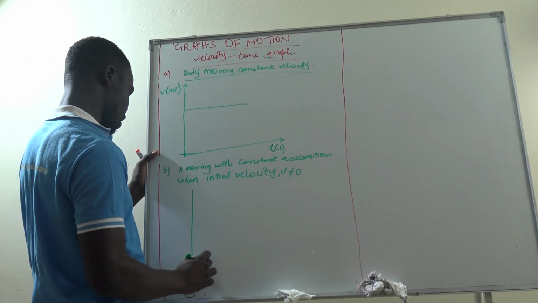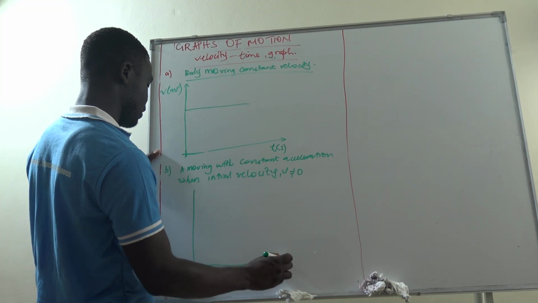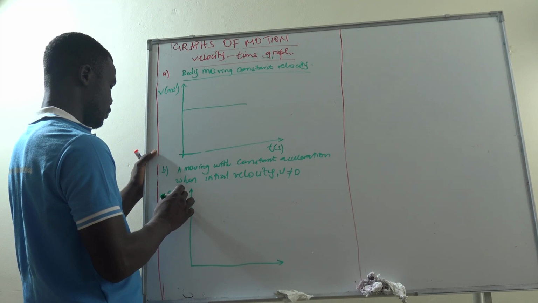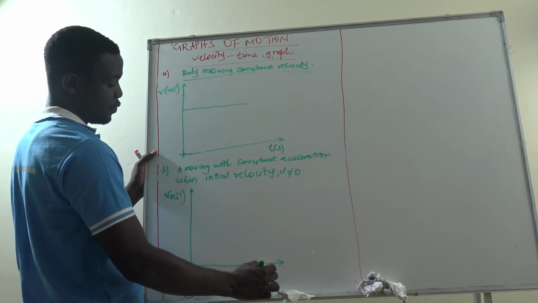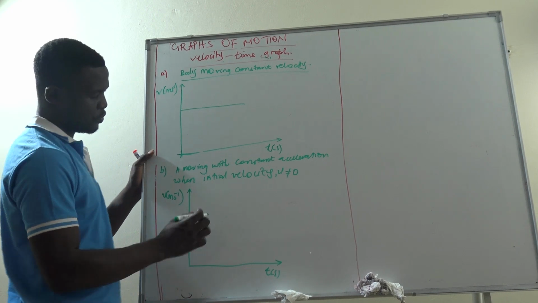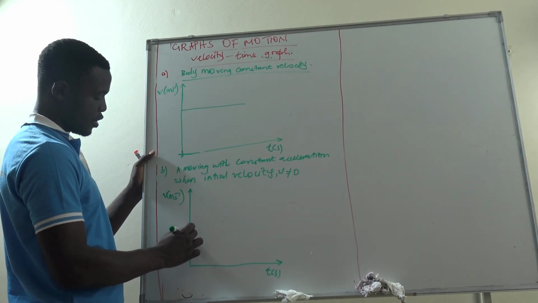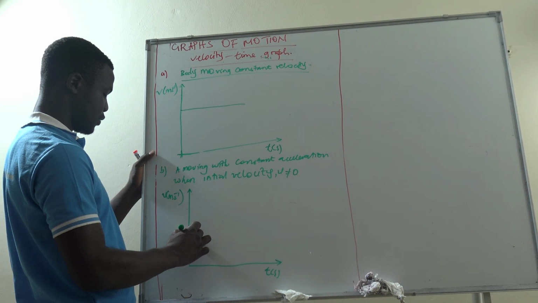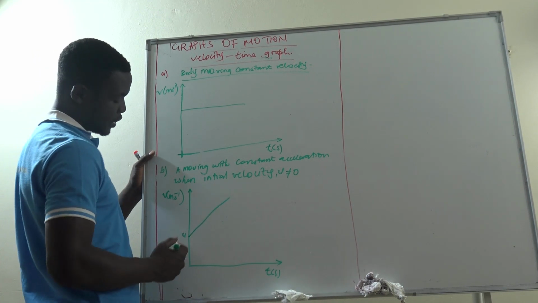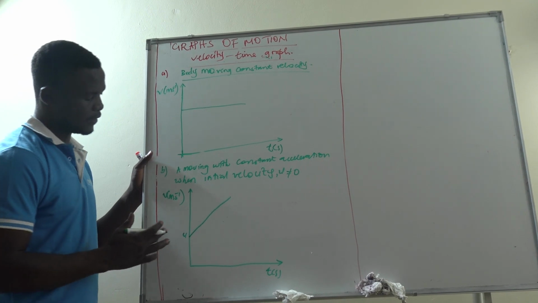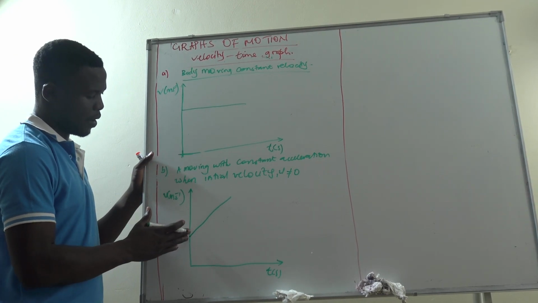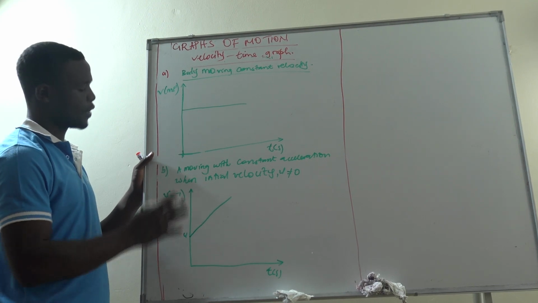If we have our body that moves with constant acceleration, when we say u is not equal to 0, it means this body was initially moving with a certain speed which is not 0, and this is how our graph would look like.